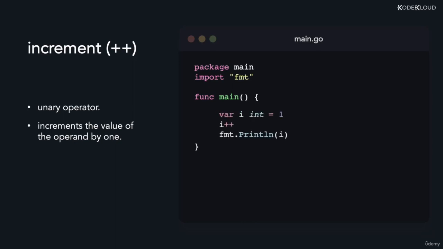Here we are going to declare an integer and initialize it with the value 1. And now we have written i++. The valid way to use this operator is to place it after the variable name. Then we print the value of i. We get 2 in the output because the operation i++ incremented the value of i by 1.